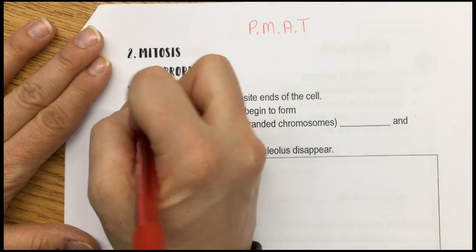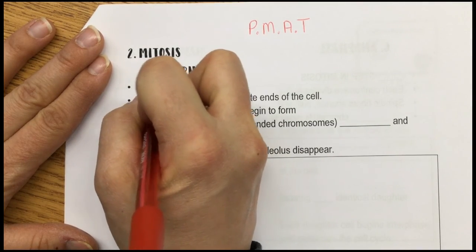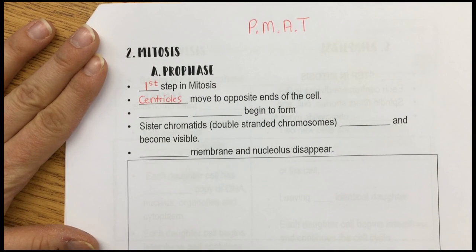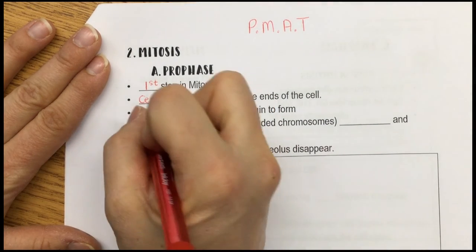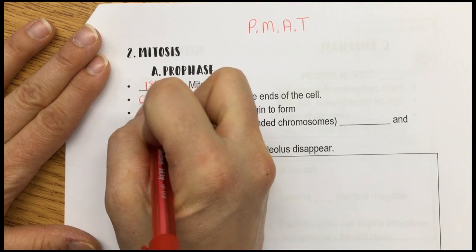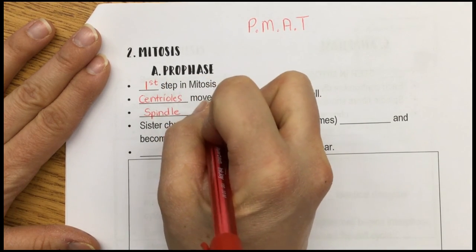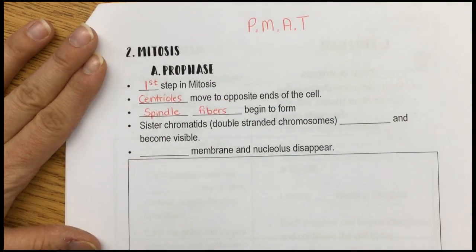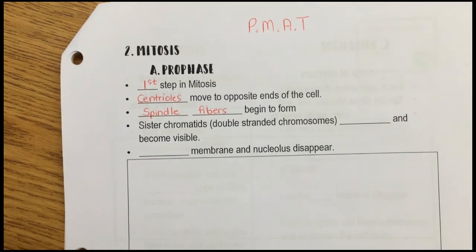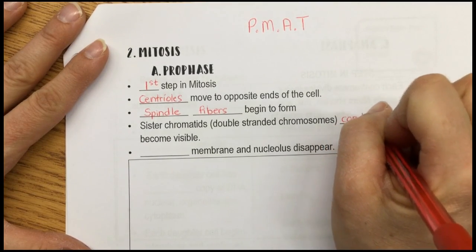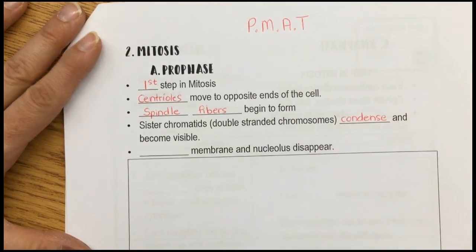Here the centrioles move to opposite ends of the cell. Our spindle fibers begin to form, and our sister chromatids, which are now our double-stranded chromosomes, condense and become visible.